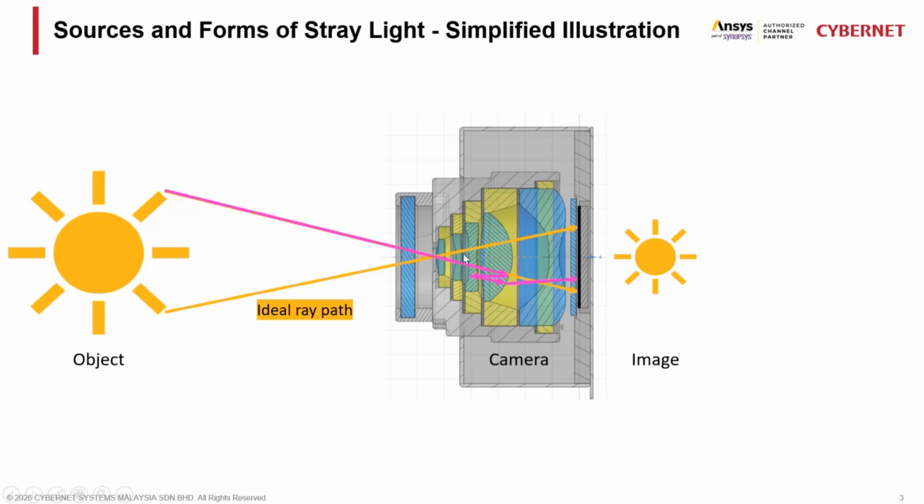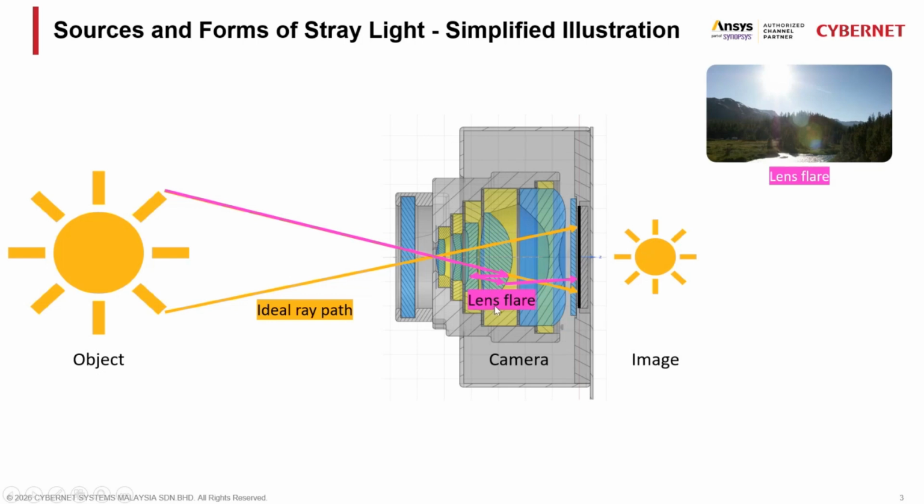But because we have some spherical lenses in between, in the real situation the light rays don't behave like the ideal ray that enters the lens array and finally drops on the image sensor. So there will be some internal reflection, as with this pink light ray.